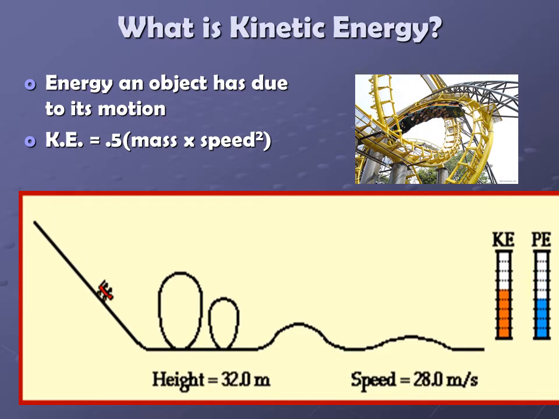So here's a little demonstration, and it's a roller coaster, right? Coming down a hill, and as the height changes, you can see what happens to the speed. And you can see how much kinetic energy it has and how much potential energy it has. So it is a continuum.